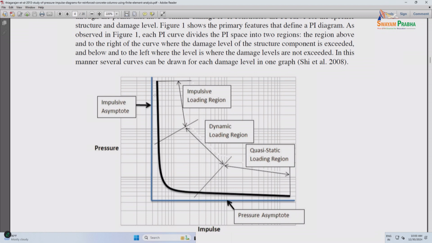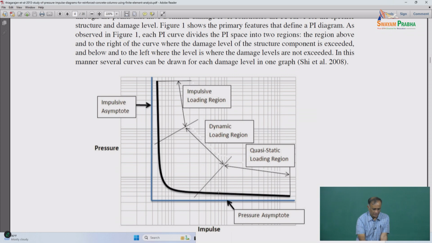The expressions that we saw today, you can take the analytical expressions and come up with those. In today's first example that we solved, you can use delta equations there, right? There you don't need to do any more analysis. Quickly run through a variety of PRs and IRs and then you can get deflections. So you will be able to get points in the impulsive and quasi-static loading regions. But to get this region is a challenge.